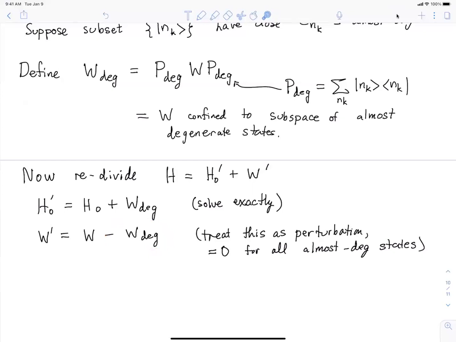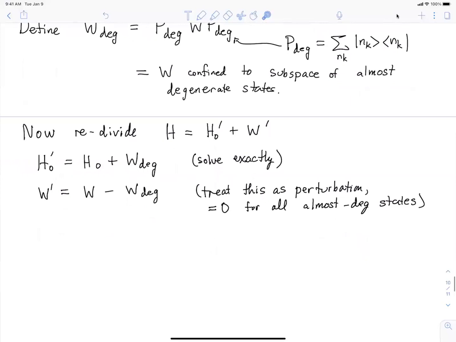Okay, so there's a nice principle of solving problems: if you can't solve a problem, you should just change the problem. And so that's what we're doing. We're redefining what our perturbation is and what our unperturbed states are. So why is this going to work?